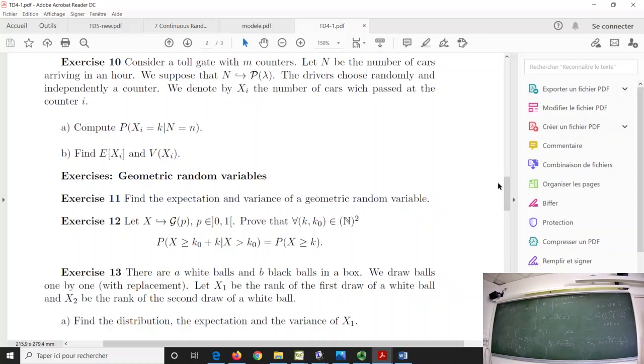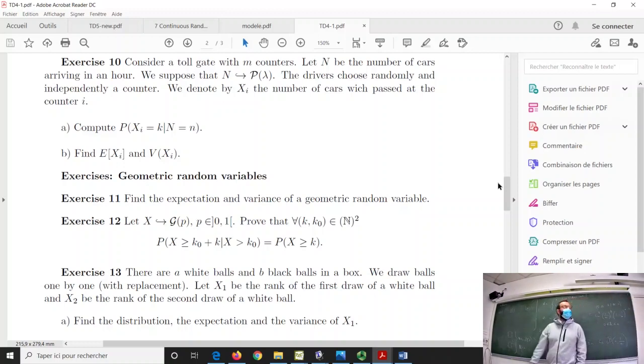We are using the Poisson distribution just to get small n. No. For the moment, I have never used the fact that capital N follows the Poisson distribution. Nowhere. Be patient, you have the second question.